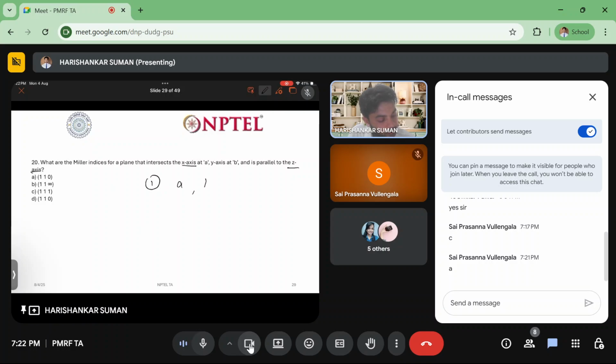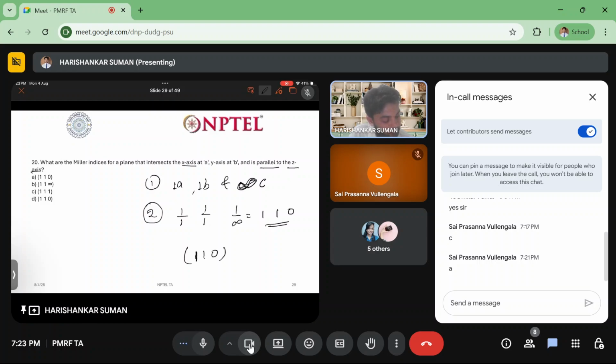A, you have B, and parallel to the z-axis means infinite C. Second step, take the reciprocals of A, B, C, which is 1, 1, and 0. Also, this is the smallest position already.